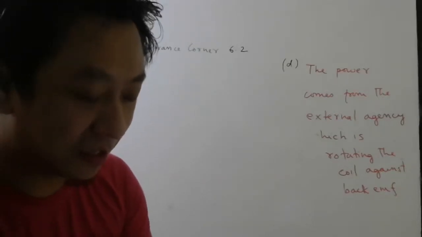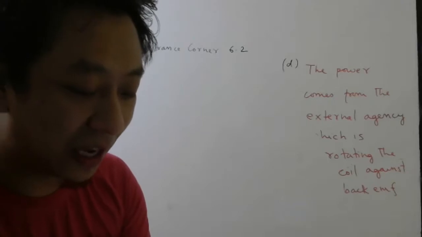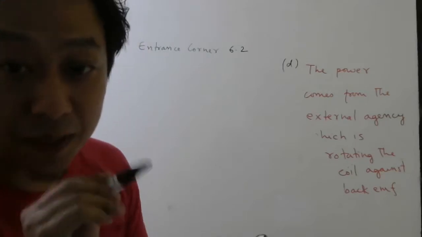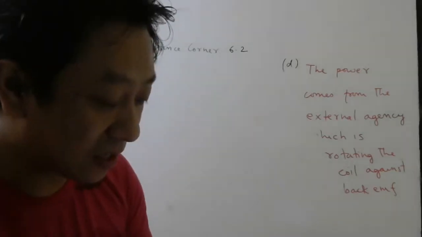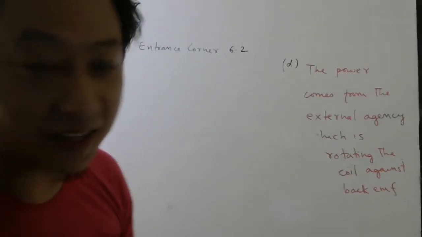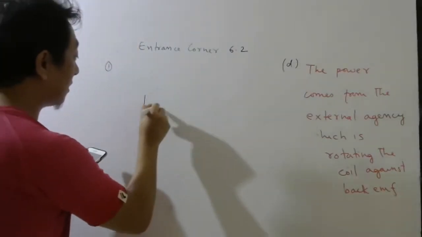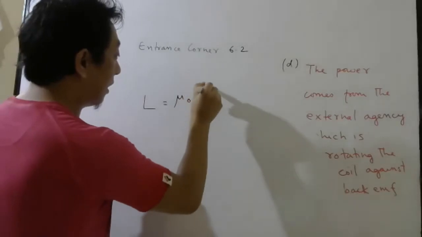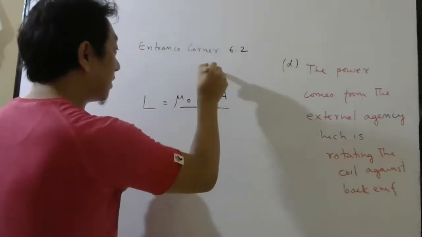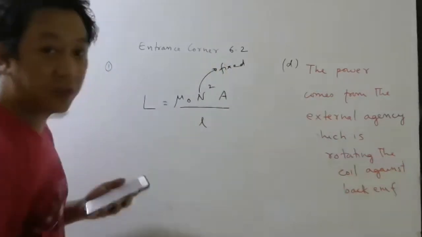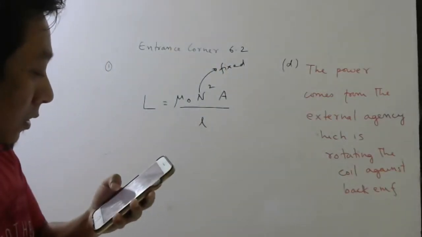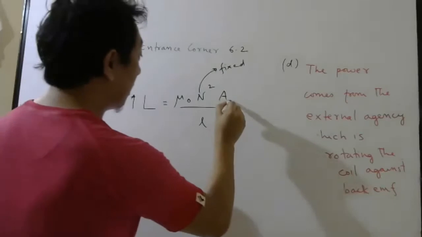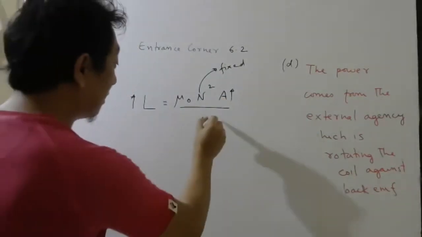The self-inductance of a solenoid of length L and area of cross-section A with fixed number of turns, capital N is fixed, increases as what will happen, in the options they are asking. First you write the formula. Self-inductance of a solenoid, we have derived it nicely 2 times: mu naught N squared A by L. N is kept fixed. So it is very clear that the self-inductance increases if area increases or length decreases.